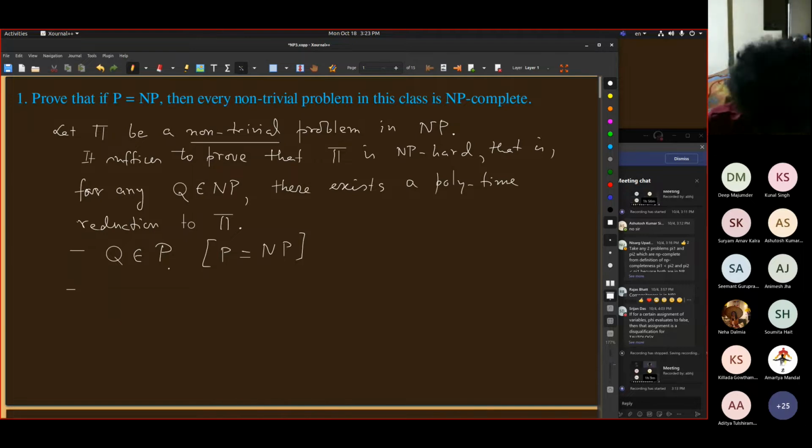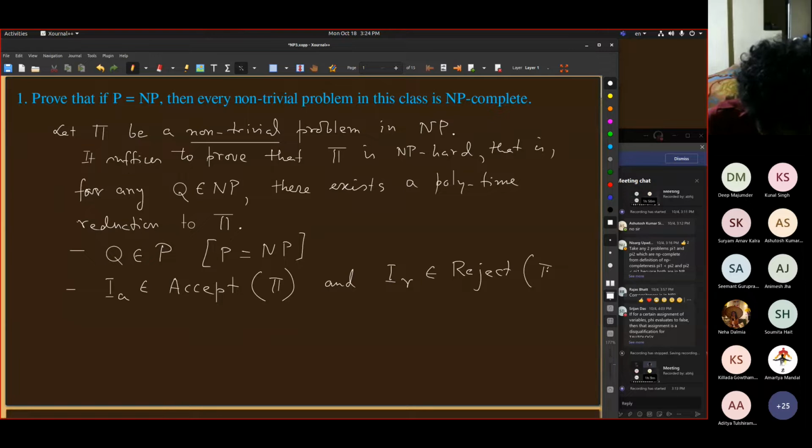So by definition, that means there exists some accept instance, let us call it I_A of pi, and there exists some reject instance for pi. That is what non-trivial means.